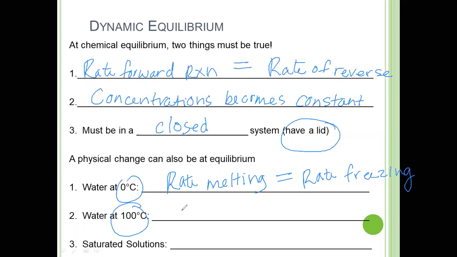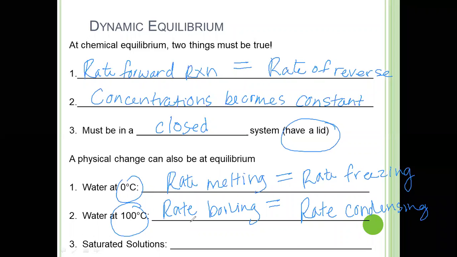And then at 100 degrees, the rate of boiling has to equal the rate of, the opposite of boiling is condensing. If I was technical, I would say vaporizing.